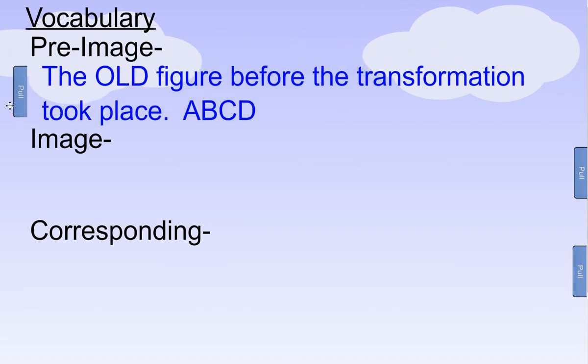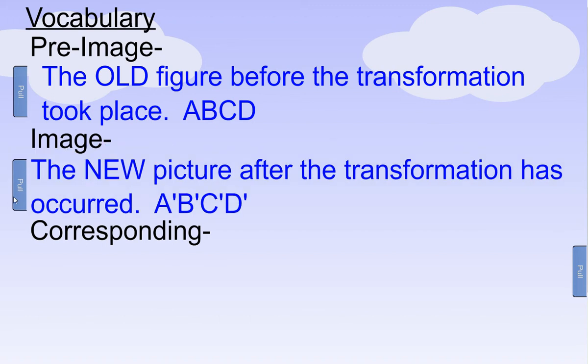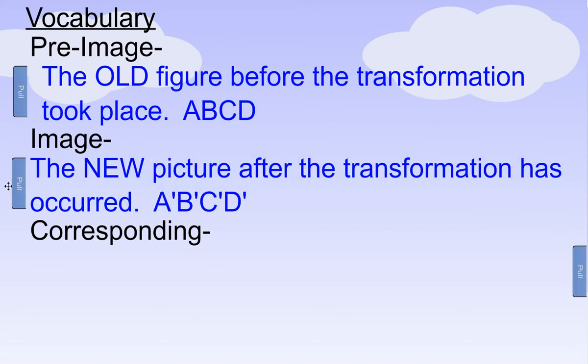So some of the vocab words that would have been used in that activity, but we'll learn here now, are the pre-image. The pre-image is the old figure before the transformation took place. An example would be like A, B, C, D. It's the image you start with. And then the image is the shape that you make after the transformation has occurred.